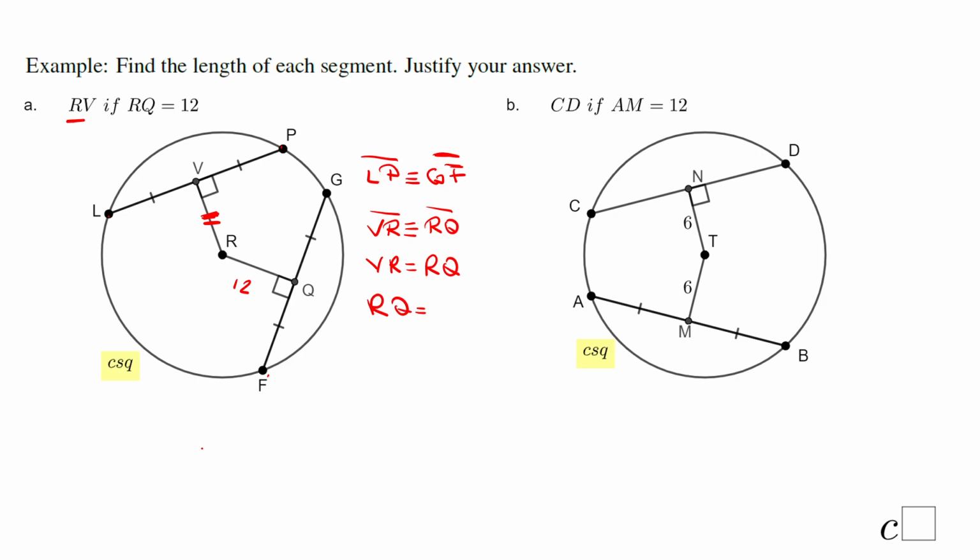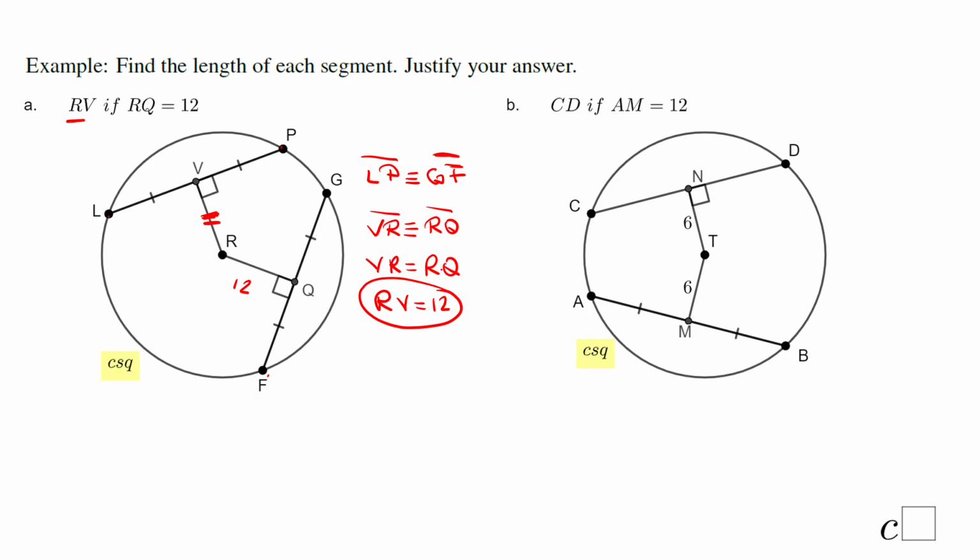We need to find VR, or RV, I apologize. So RV is nothing else than 12. Again, if the chords are congruent, then they are equidistant from the center. That's what we use here.